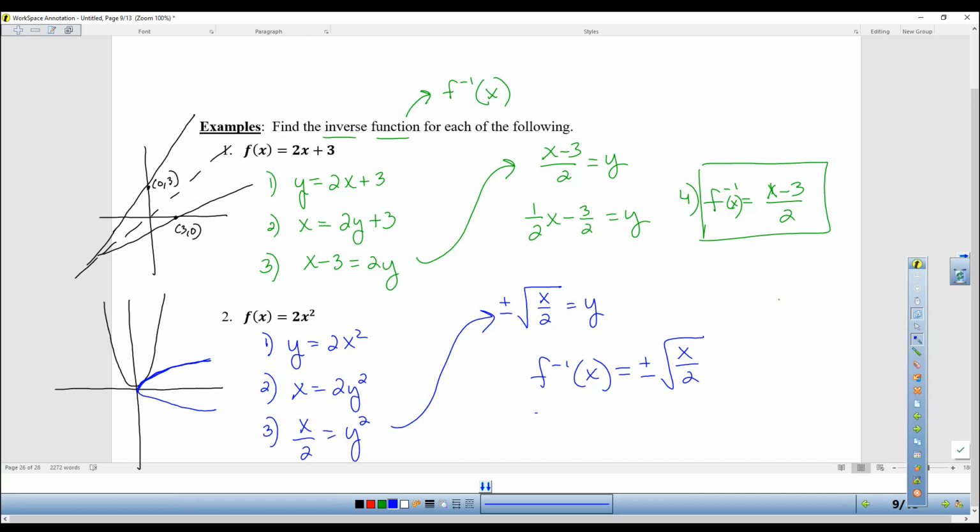So what I'm going to do is I'm going to restrict this domain. I'm going to say, you know what? Let's make that x is greater than or equal to 0. That way I can erase this section. And if I erase that section, then the inverse will end up erasing this section, and I will end up passing the vertical line test. So the correct answer would be this. But there is a spot later in your notes where I actually address that.